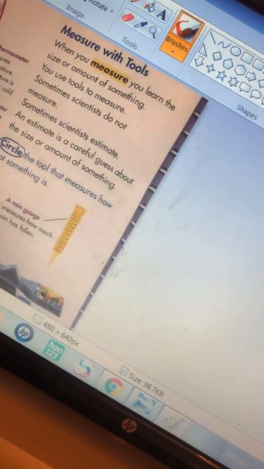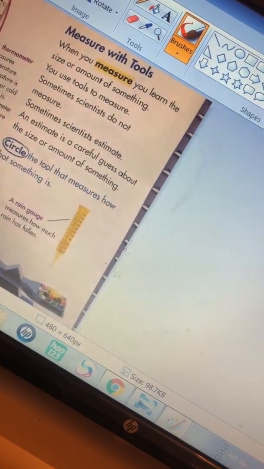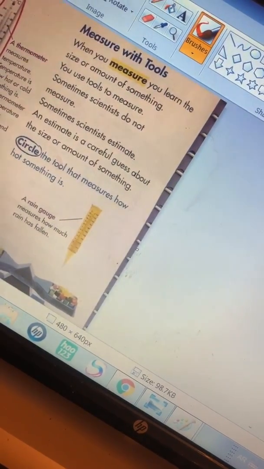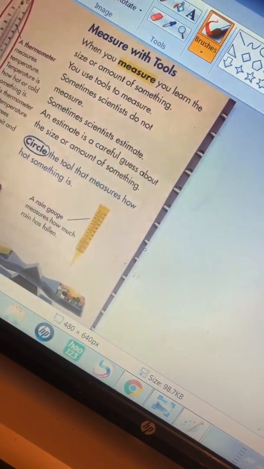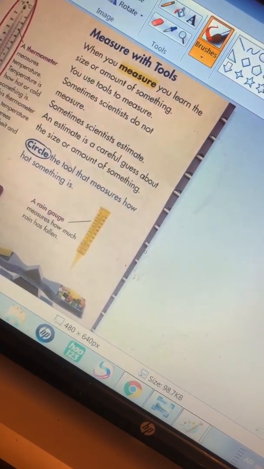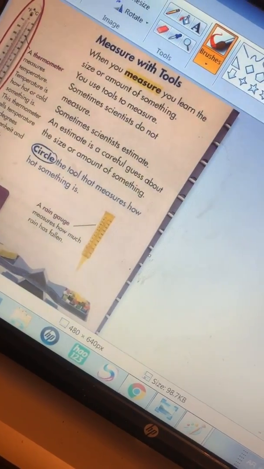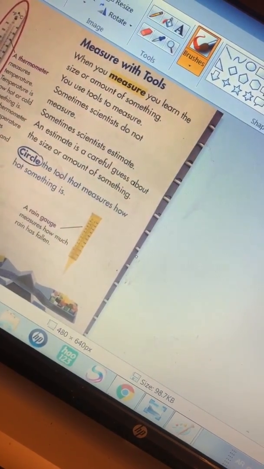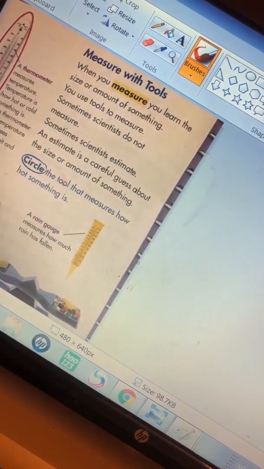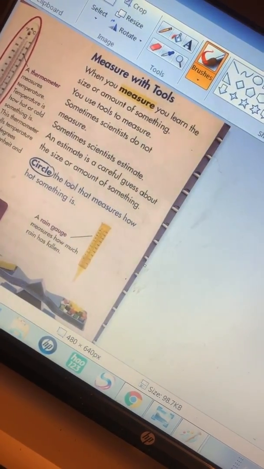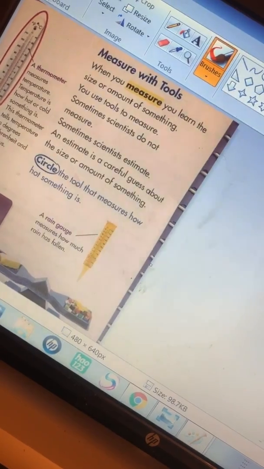So measure is to know or to learn about the size or amount of something. We use tools to measure something. We have many different tools to measure. Also scientists use these tools to measure something.